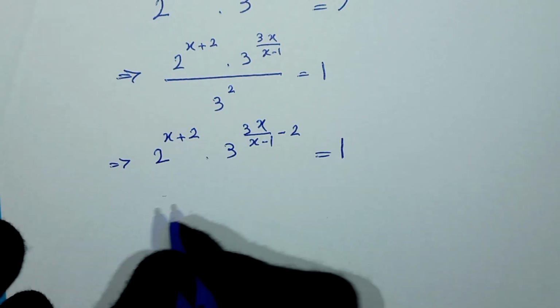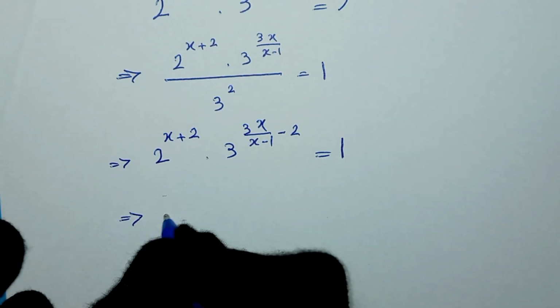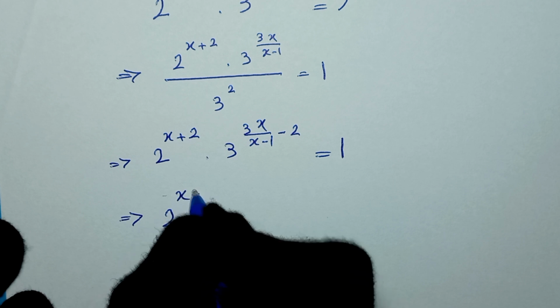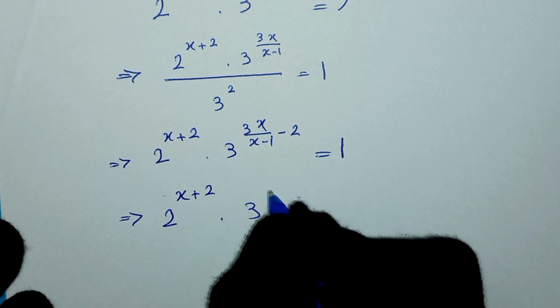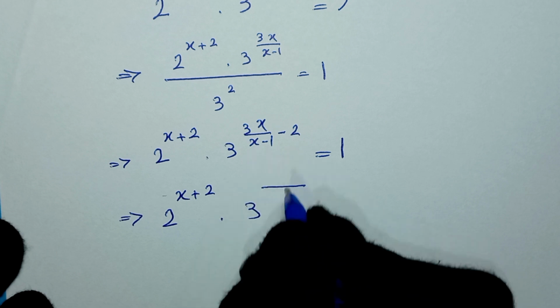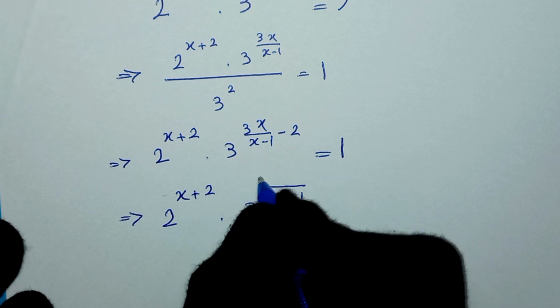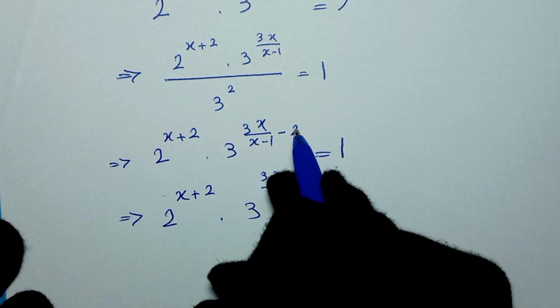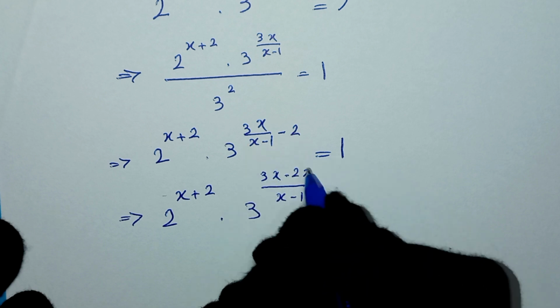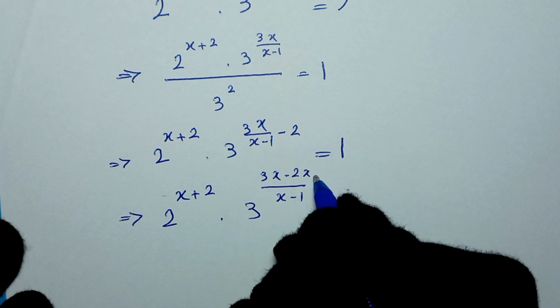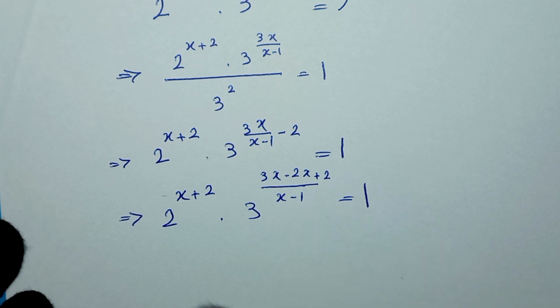In the next step, it will be 2 to the power of x plus 2 times 3 to the power of, in here we have x minus 1 and 3x in here, and this 2, it will be 2 times this x, so negative 2x, and negative 2 times negative 1 is positive 2, right, is equal to 1.